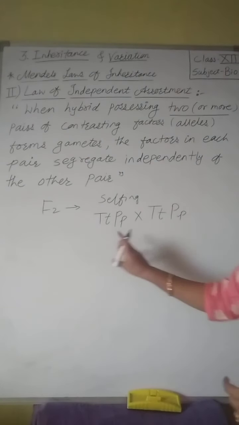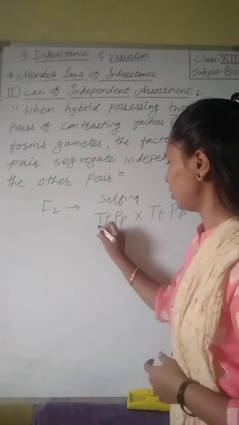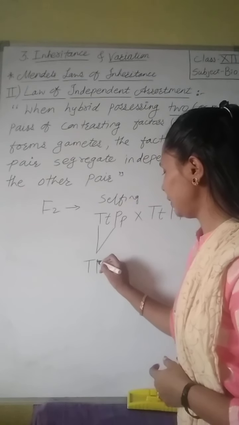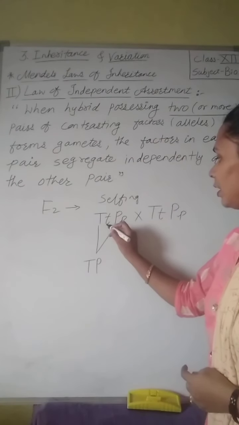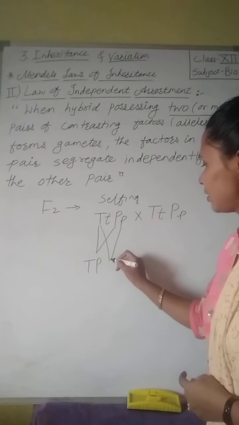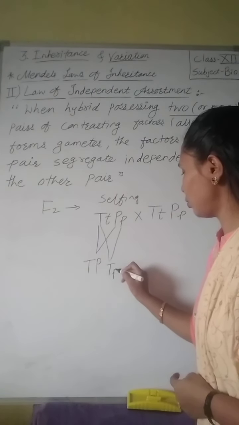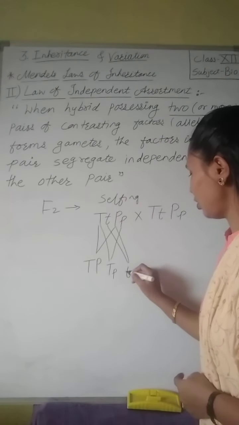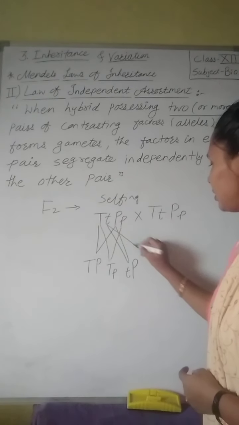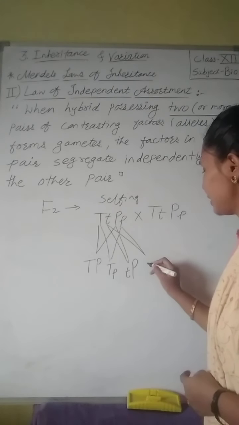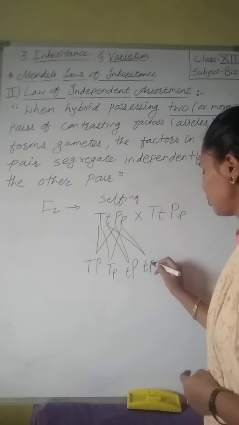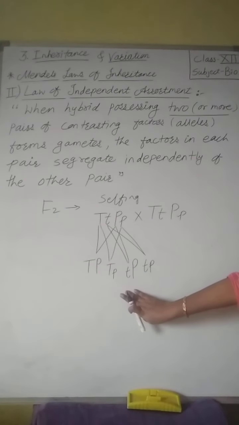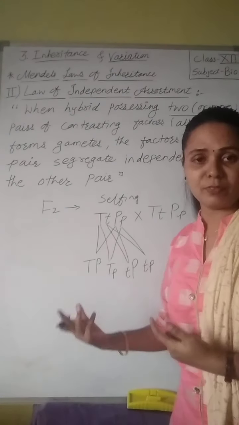This T will combine with this P, so capital T, capital P. This T will combine with this recessive one, capital T, small p. Small t and capital P, and then small t with small p. These four types of gametes we will get from the F2 generation, that is, selfing of the F1 generation.